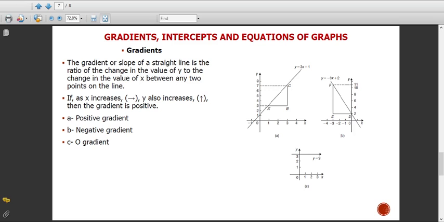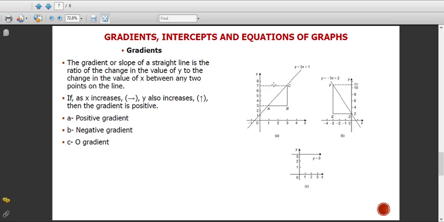So we see that if our chosen points are A and B, the y value changed from 3 to 7. And then the x value changed from 1 to 3. And we've said that the gradient is the ratio. So we divide the change in y by the change in x. So the change in y will be 7 minus 3 divided by the change in x, which is 3 minus 1.